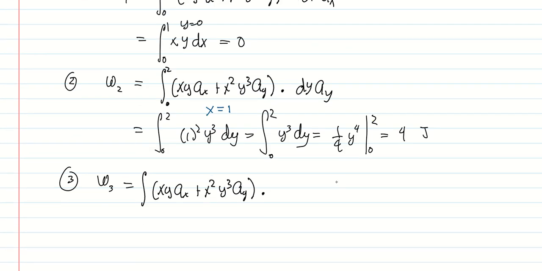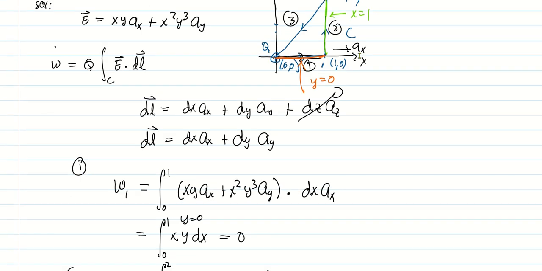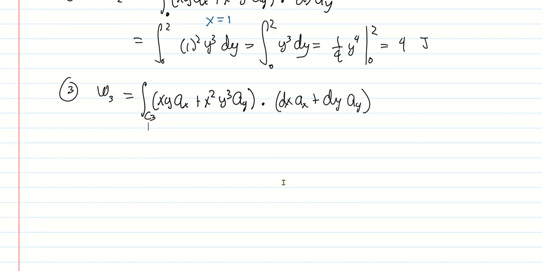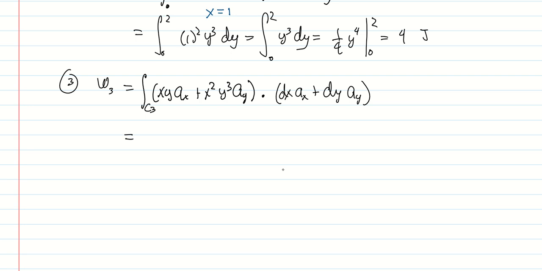So here, this will be dx in the x direction plus dy in the y direction. So we need to include them both, and let's just call it C3, or the third path.